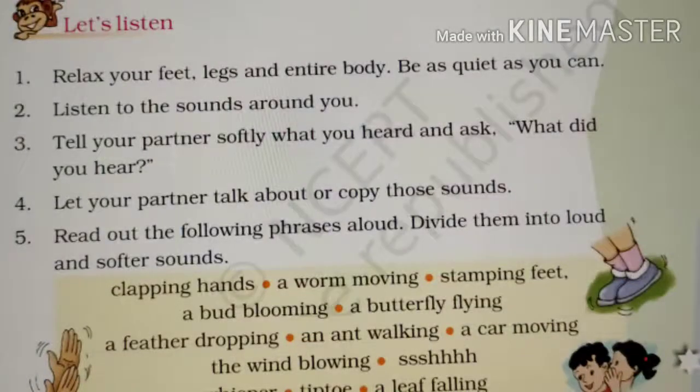In this question, we have to read out the following phrases loudly and divide them into loud and softer sounds. Here some phrases are given. Now I am going to read these phrases one by one.